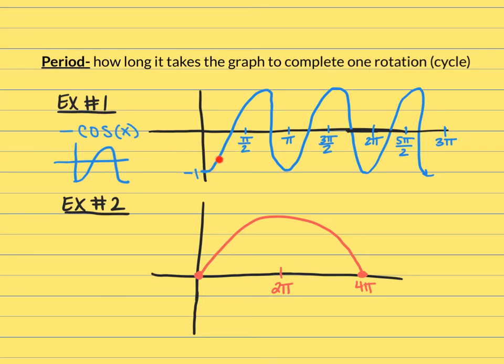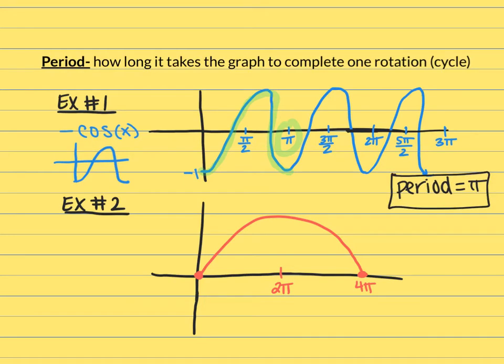So look, we start, we go up, we come back down. That right there is my one full cycle, up and down. So 1 full cycle, how long did that take? Well, just look right up here. It took pi. So the answer for a period is pi. It took pi to go 1 full cycle.